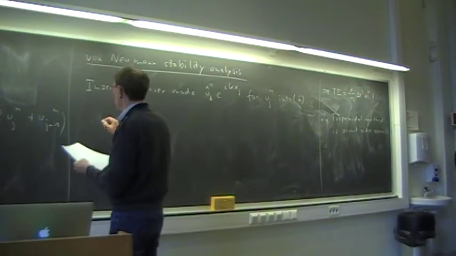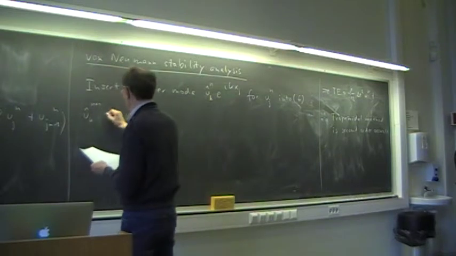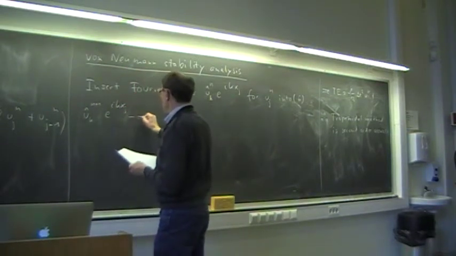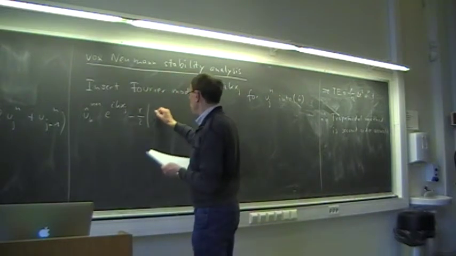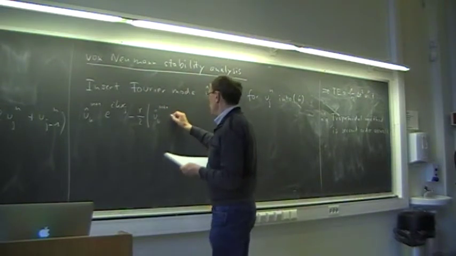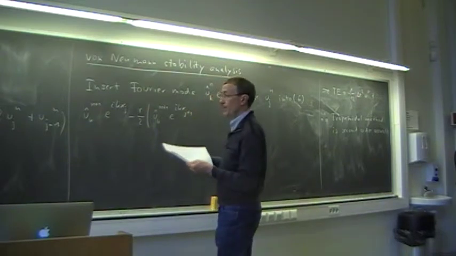Let's just do it. So we have u j n plus 1, then the amplitude at the new time level, e to the i k x j, minus r half, and then we have u hat k n plus 1 and e to the i k x j plus 1.